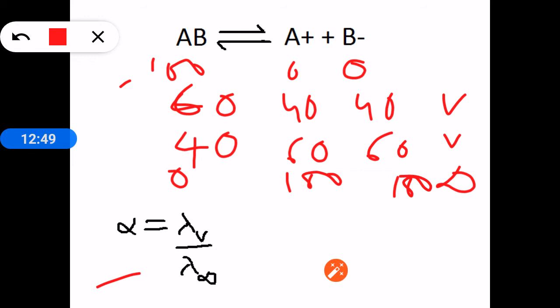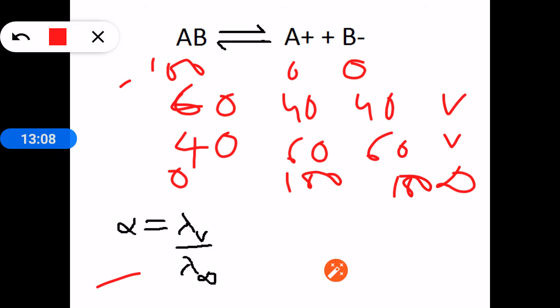Now alpha value can be measured from the formula lambda V by lambda infinity, because the formula for alpha is number of molecules dissociated by total number of molecules. And we know that conductance value depends upon the number of ions.